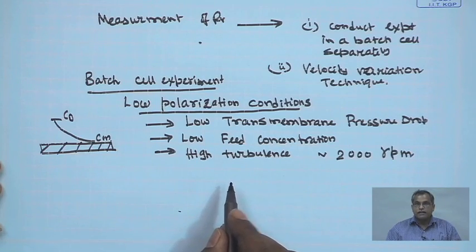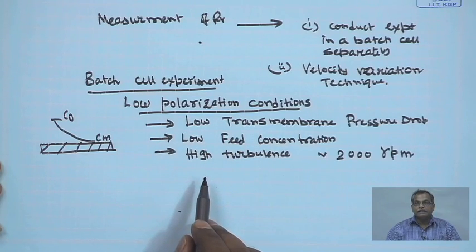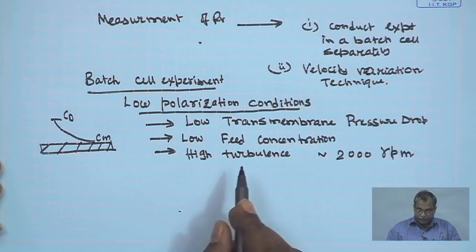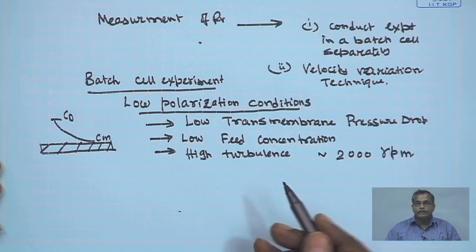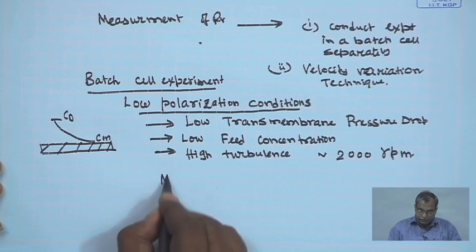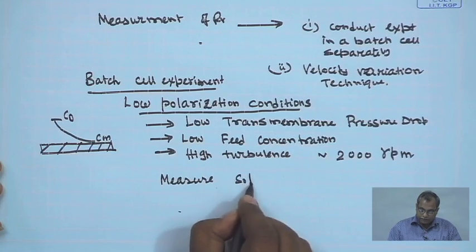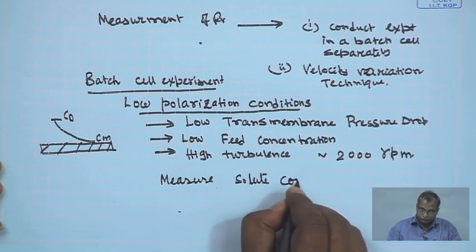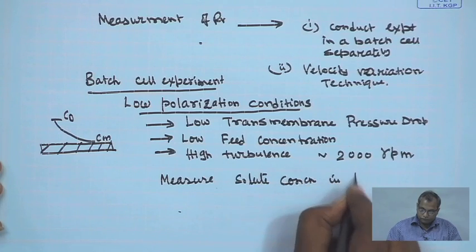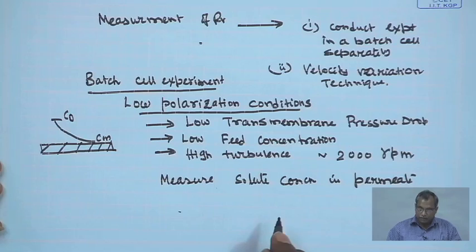If I conduct under these low polarization conditions an experiment in a small batch cell using a solute of our interest, then we measure the solute concentration in the permeate, and we have already measured the solute concentration in the feed.